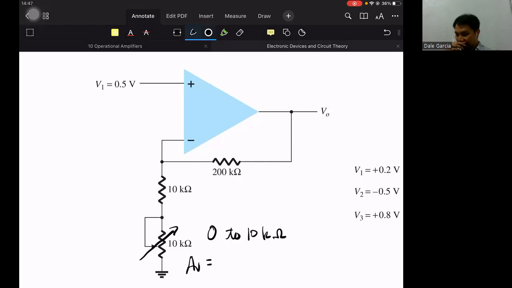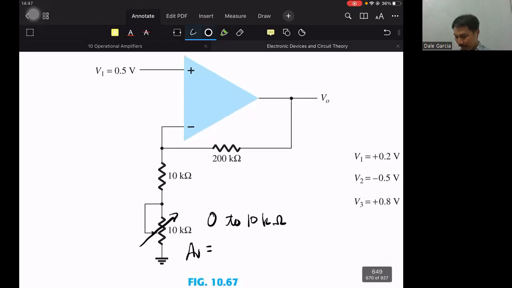Go ahead, from what to what is our voltage gain? 10 to 20, sir. Ah, wait, joke lang. 11 to 21. Okay, thank you. 11 to 21.